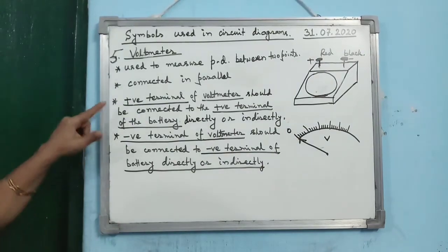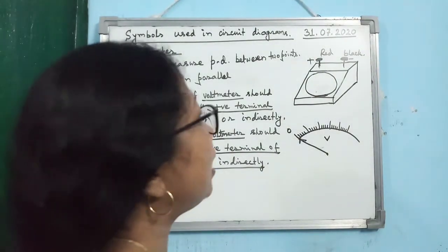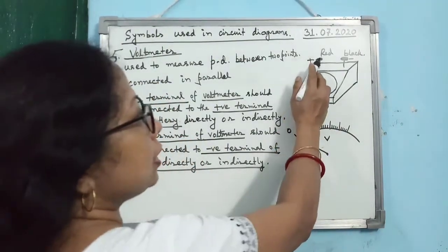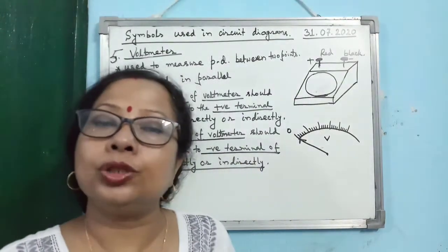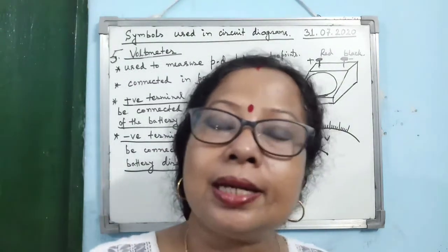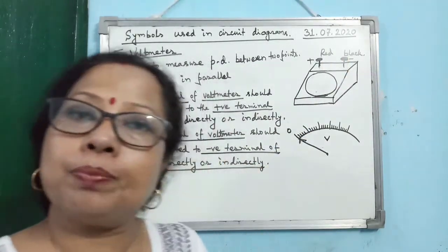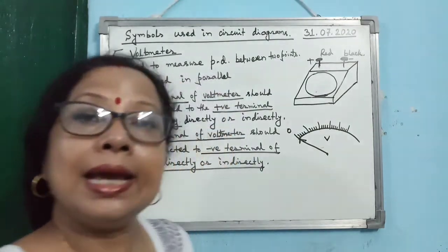That's why these 2 points for the ammeter and voltmeter are the same. Means what? When you are connecting the voltmeter to the circuit, the positive terminal, meaning the red terminal, should be connected to the positive terminal of a battery directly or indirectly. And the negative terminal should be connected to the negative terminal of the battery directly or indirectly.